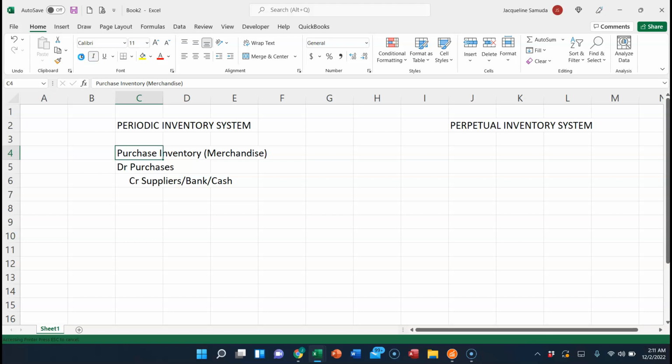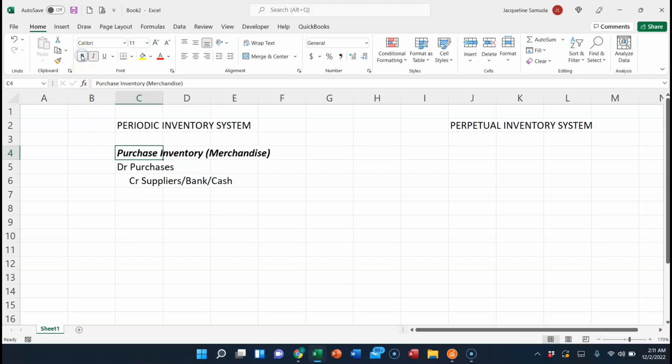Now then, when you sell stock, we also had another set of journal entries. Now, selling stock. This was the journal entry.